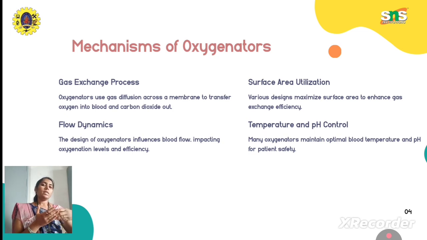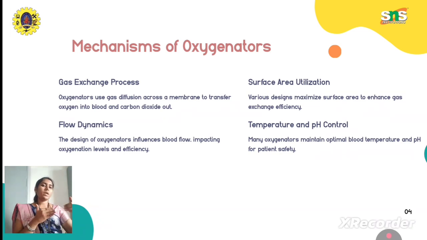The last important mechanism of the oxygenator is temperature and pH control, because the same oxygenator will have a setup of many stainless steel tubings or pipings through which cold water or hot water will flow. Whenever the blood is in contact with this tubing, through the heat conduction mechanism, the temperature of the blood will get varied.